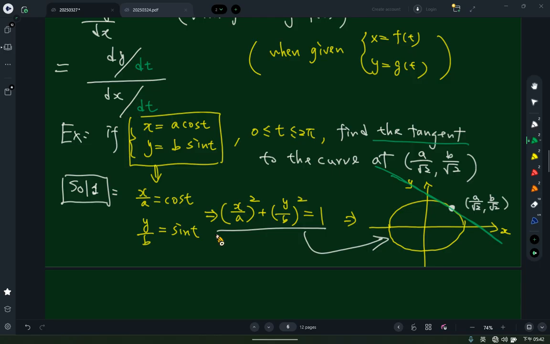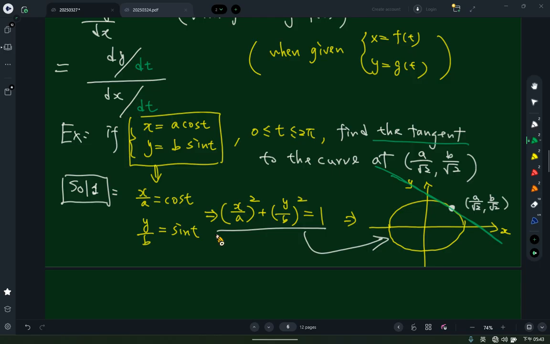Using implicit differentiation. Did you remember? We can use implicit differentiation to get the slope. And using the slope and the point slope equation, you can get this tangent line, right?